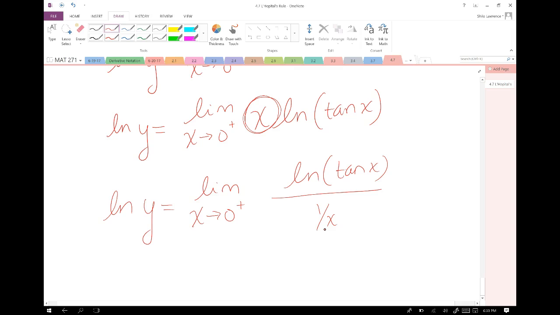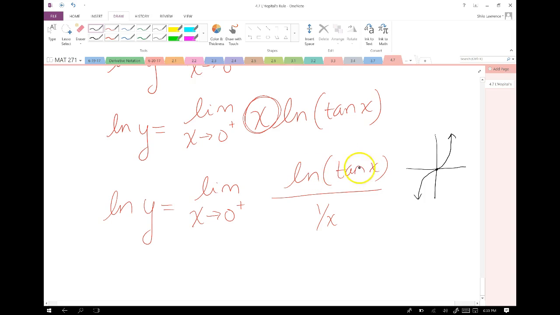And let's see what happens to these guys at 0. Hopefully it's indeterminate form and we can use L'Hopital's. So the tan graph looks like this. So tan at 0 is 0.